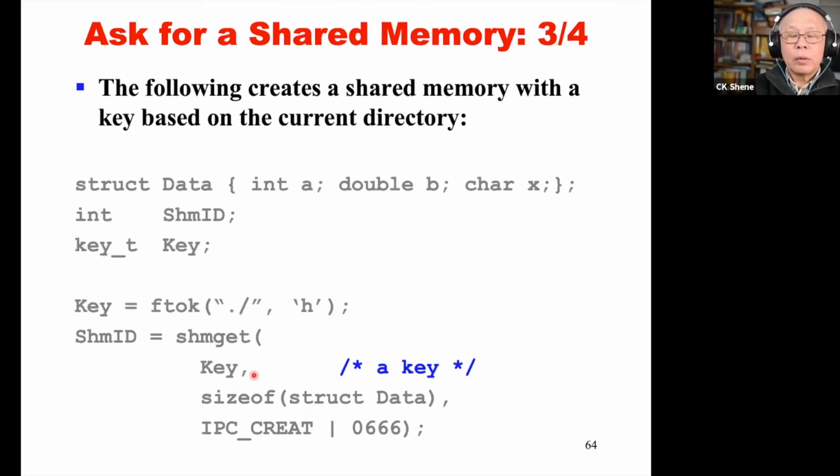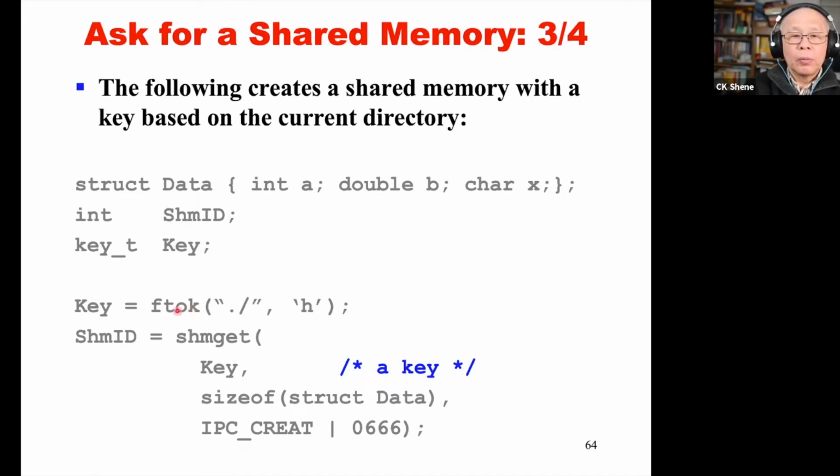Now, what if you wish to generate a key for your shell? Let's use the same thing. If you wish to generate a key, then you have to declare a variable of type key_t to hold that key.